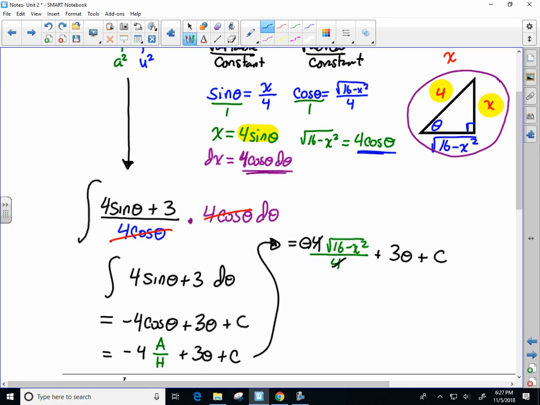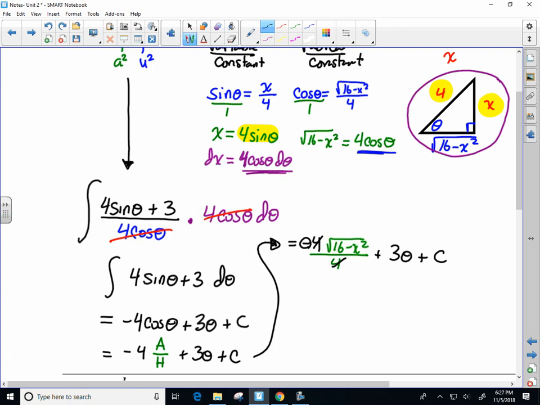Then it's a question of, how am I going to get rid of that theta? Answers vary here because you could come up with 6 different equivalent correct answers to this problem, depending on how you look at this theta. All you need is some expression that represents theta in this triangle.